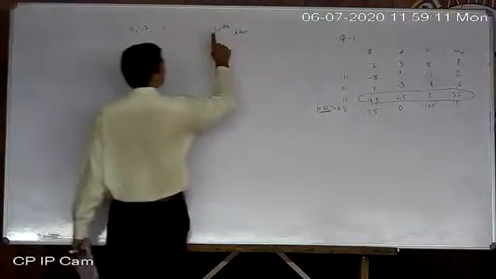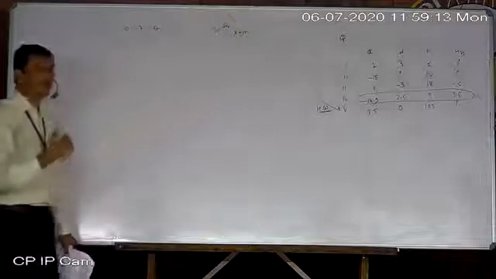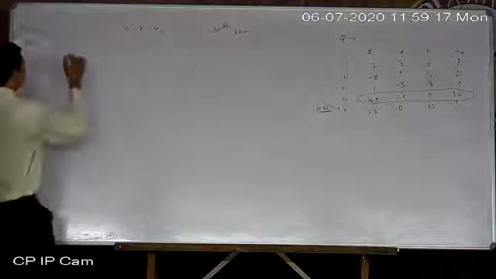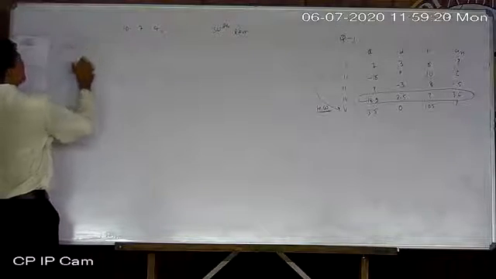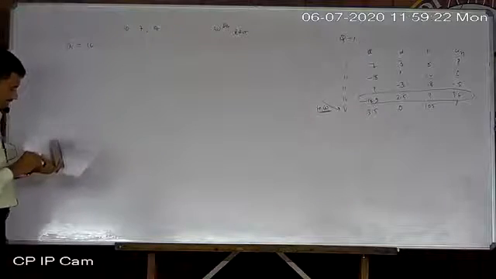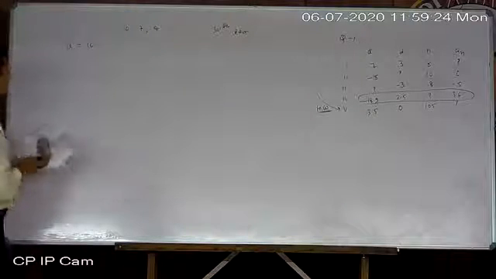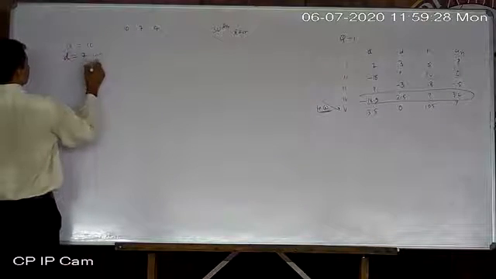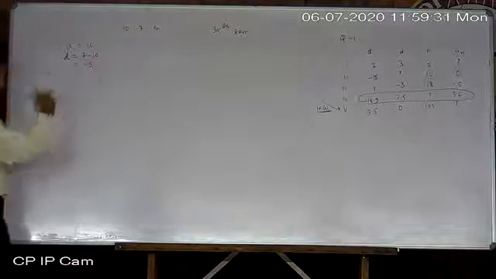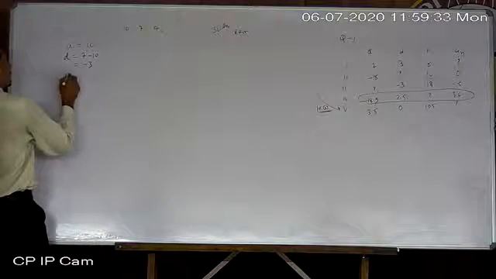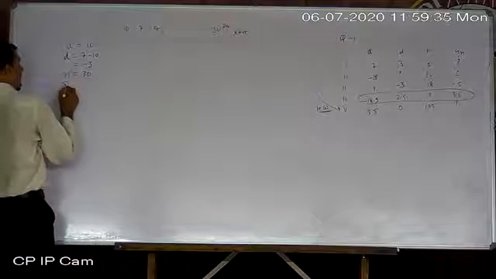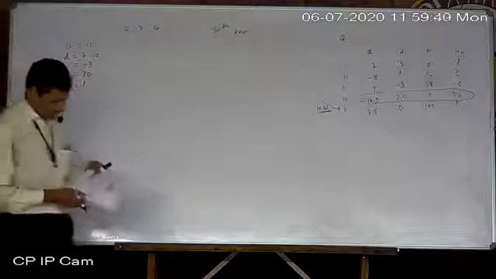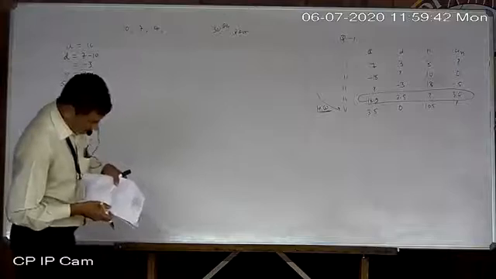So whatever is asked, the 30th term, the 30th value is asked, means An is asked. So first of all, write down the list. A is 10. D is minus 3. Why? 7 minus 10 equal to minus 3. A2 is 7. N equal to 30 and S30 is asked.